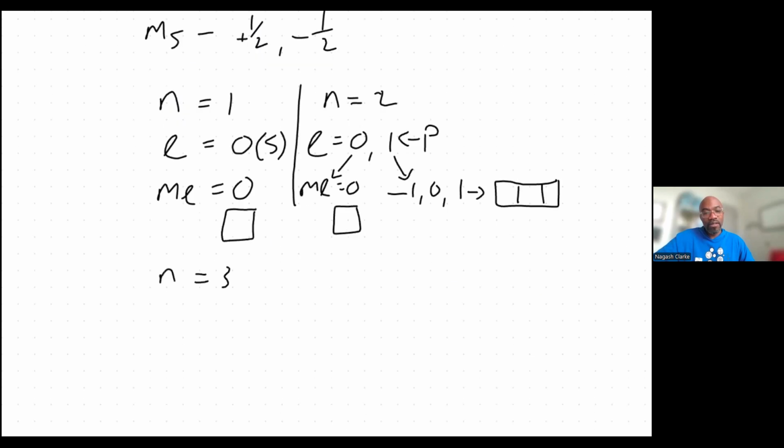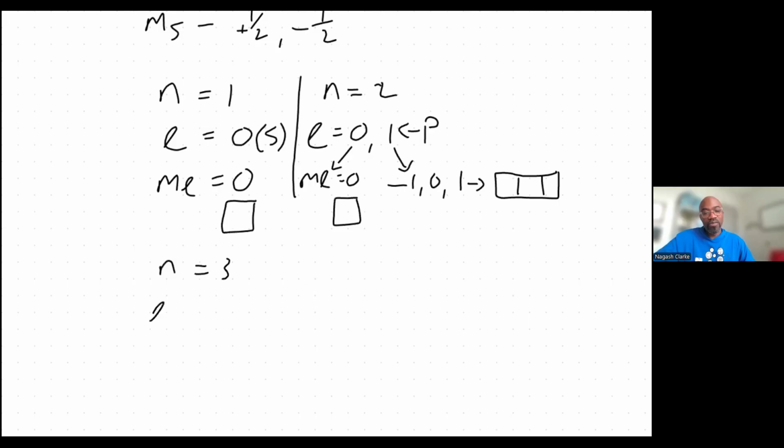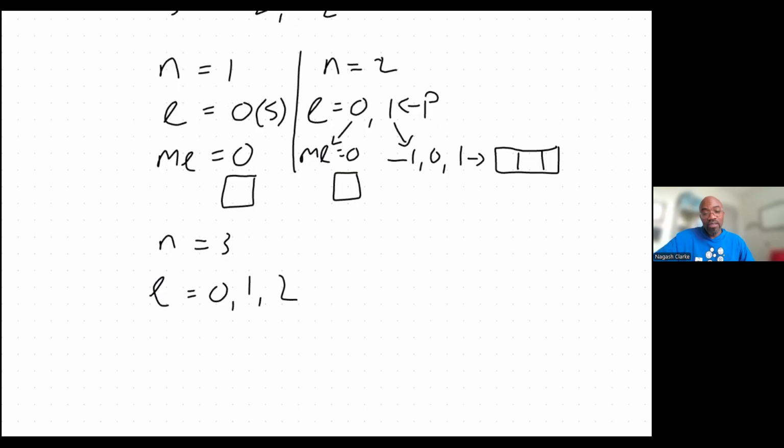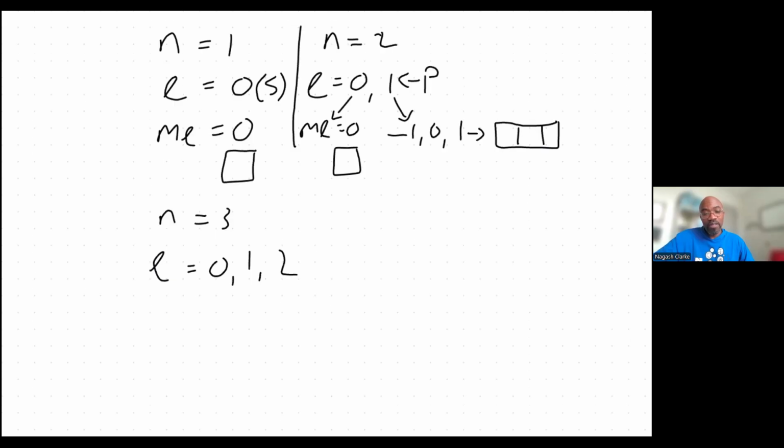My L is 0, 1, and 2. So now I have three L's. I have three rooms. Within each of these rooms, my m sub L is going to have one space for my S orbital, only one box. Now, for my P orbitals, I'm going to have my -1, 0, and 1 again, my three boxes.